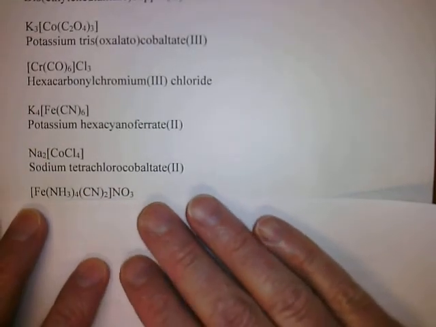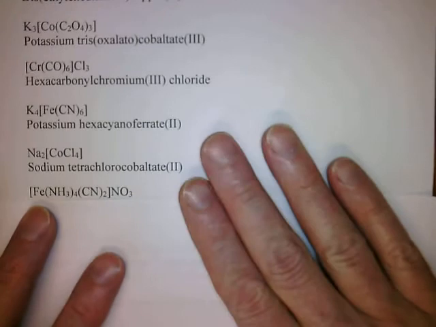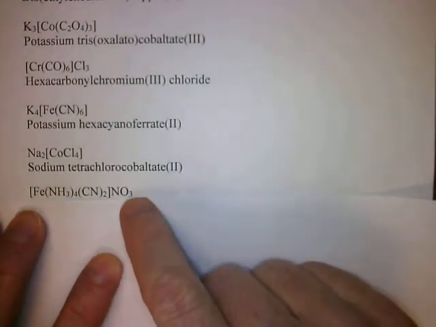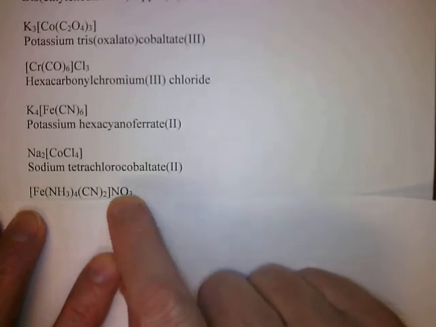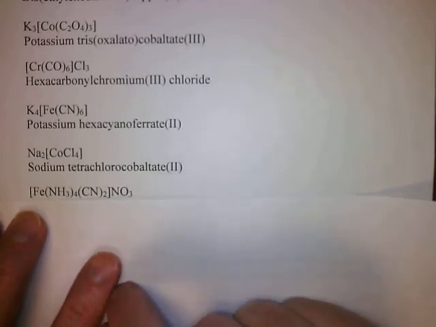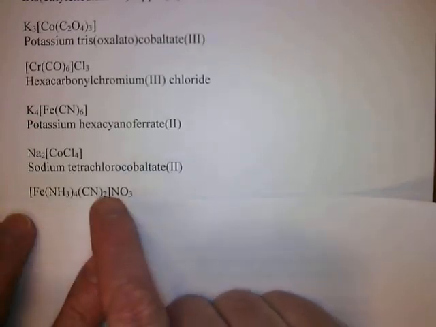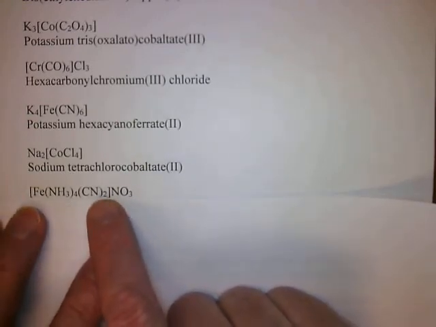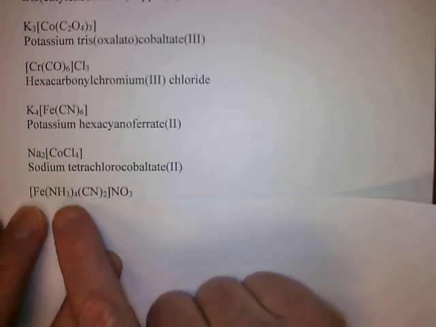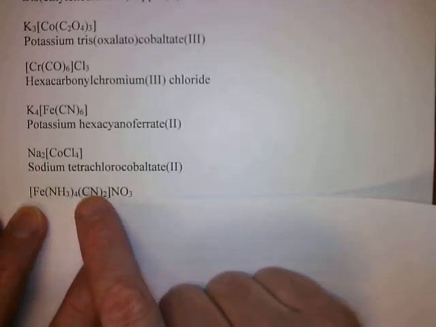Alright, now this one's a little bit more exotic. Alright, so we know our name is going to be something nitrate, correct? Something nitrate. NO3 is nitrate. So the rest of this is devoted to the name of the complex ion. So we've seen this before. We have amines and we have cyanos. Which do we name first?